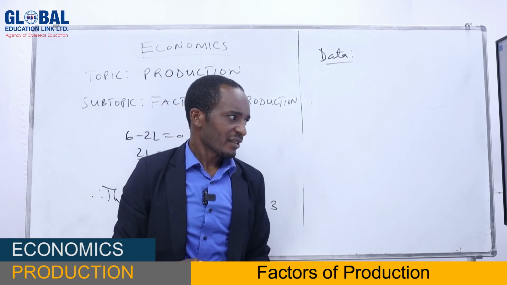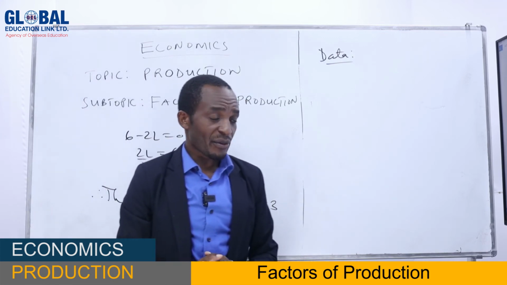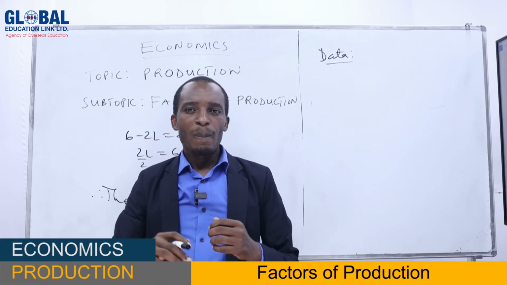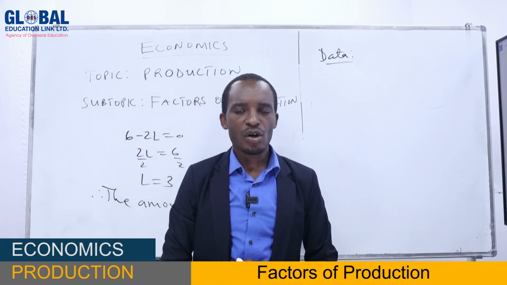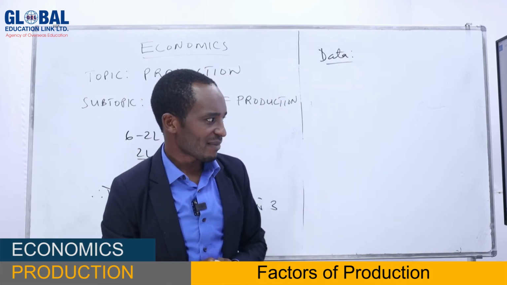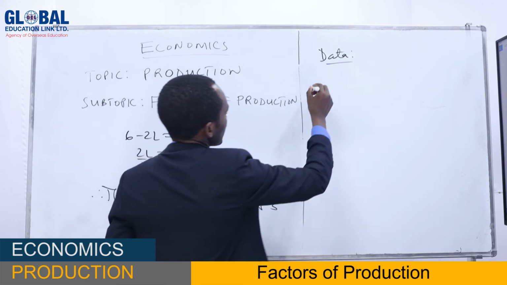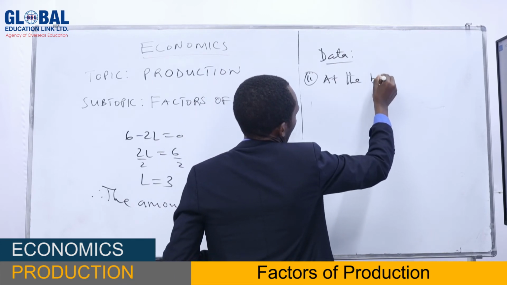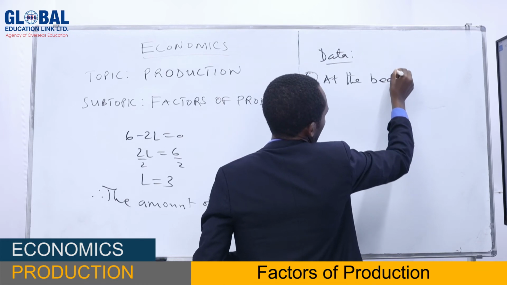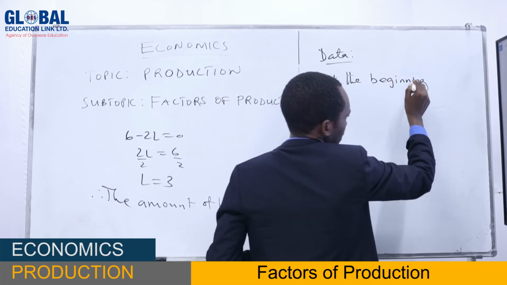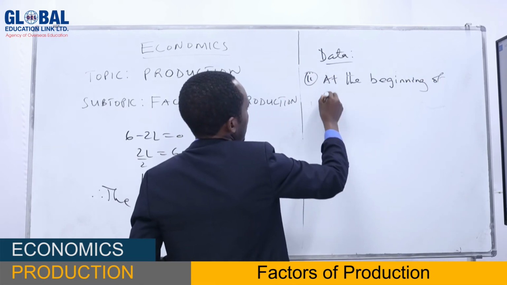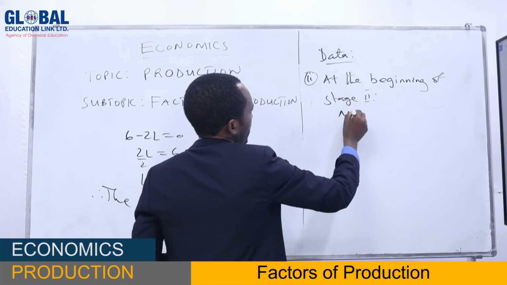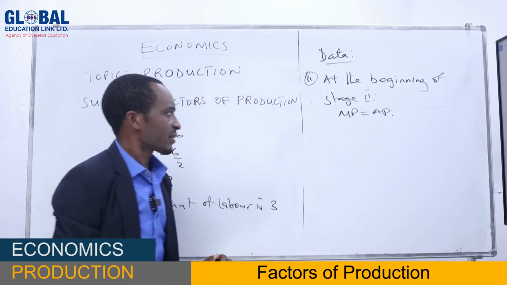Now the output at the beginning of stage 2, as we know from the diagram, stage 2 starts when the marginal product is equal to the average product, or when the average product is at a maximum. So at the beginning of stage 2, Roman 2, you know that marginal product is equal to average product.